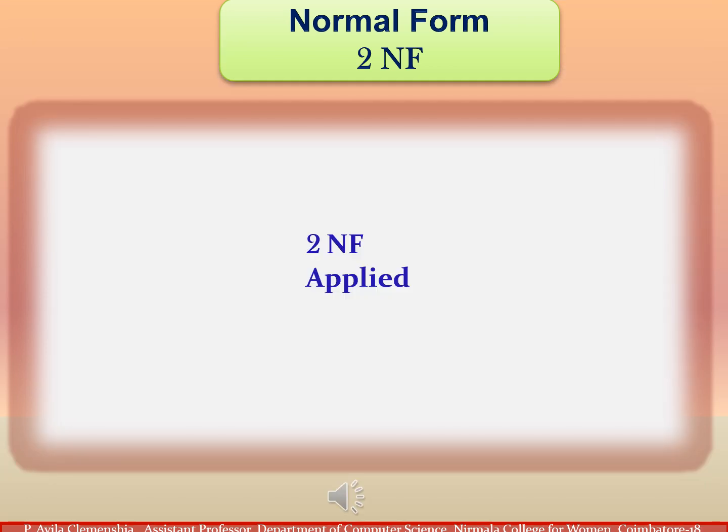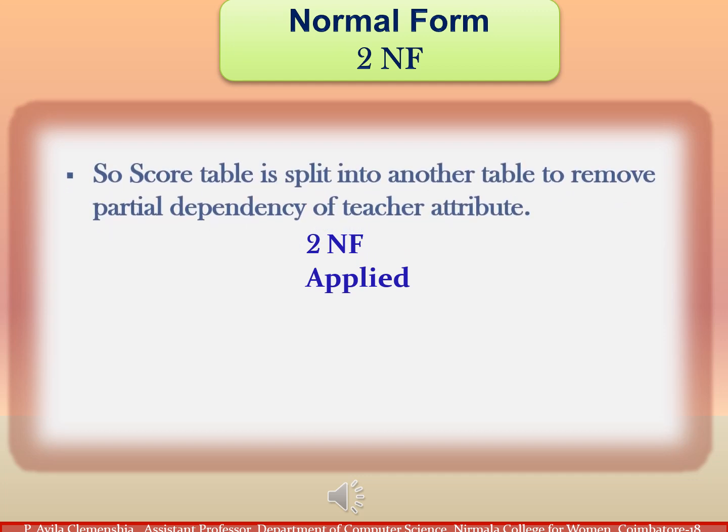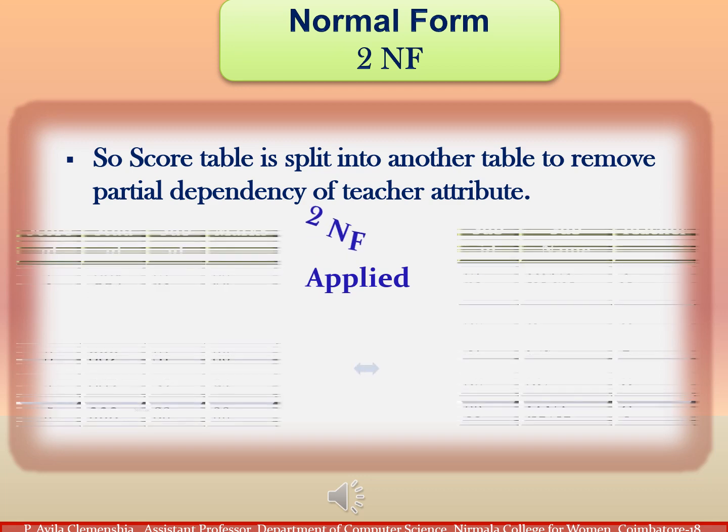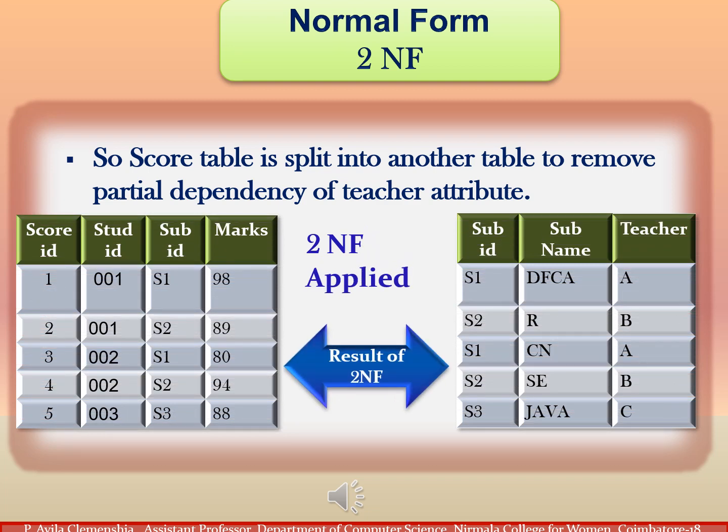As there exists partial dependency, those attributes are removed and added in a new table. Thus, the score table is now split into two tables, with score ID, student ID, subject ID and mark attributes in one table, and subject ID, subject name and teacher attributes in another table. Hence, partial dependency is removed and second normal form is applied.